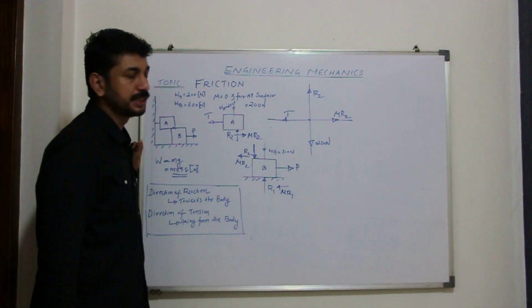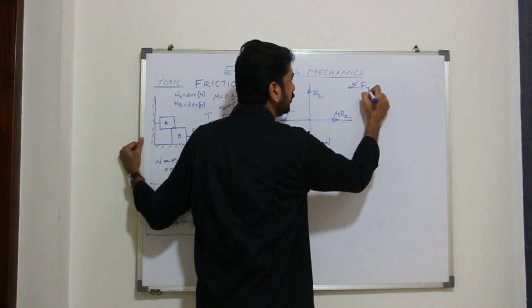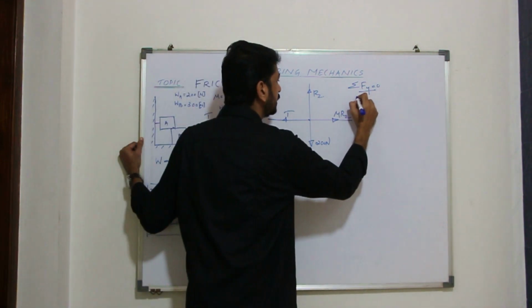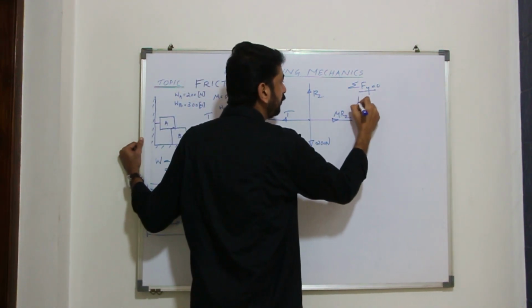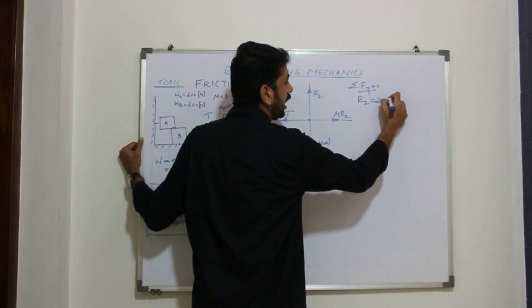Applying equilibrium conditions along X and Y directions. In the case of Y direction, sigma Fy is equal to 0. Here, total upward force will be equal to downward force. That is, R2 is directly given.